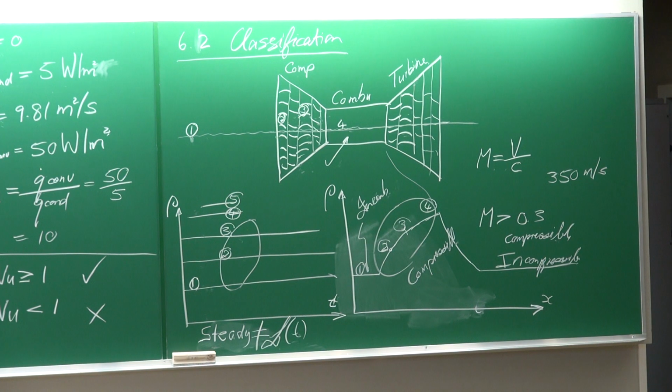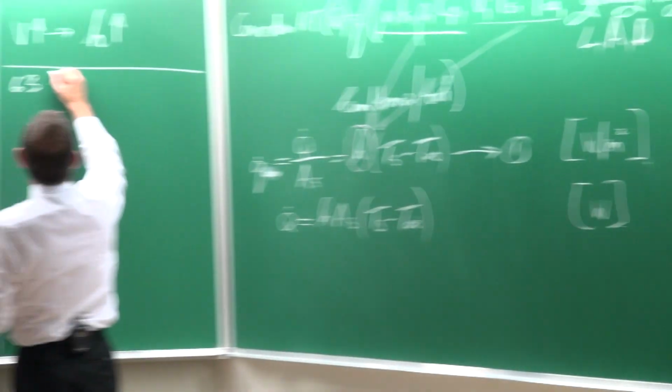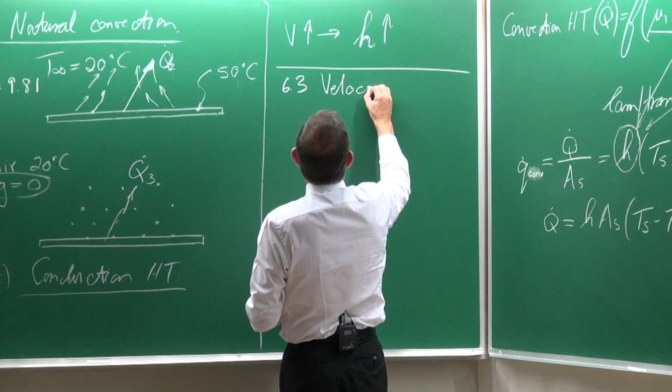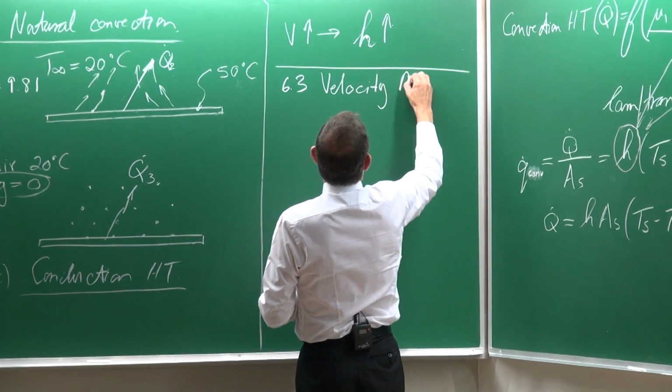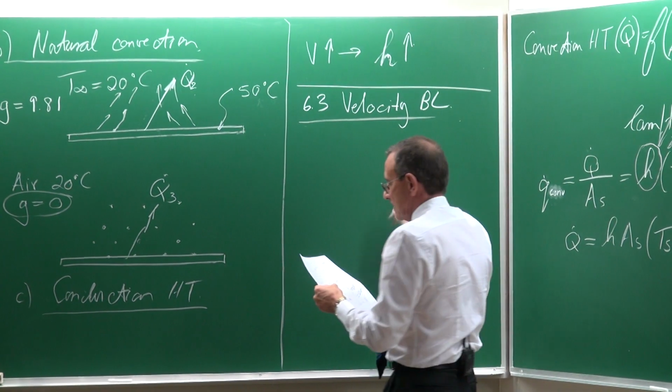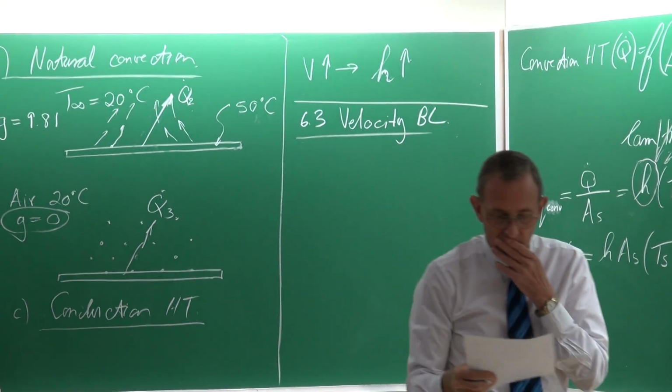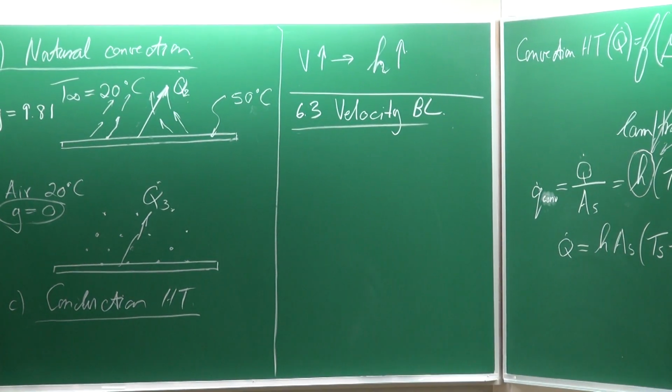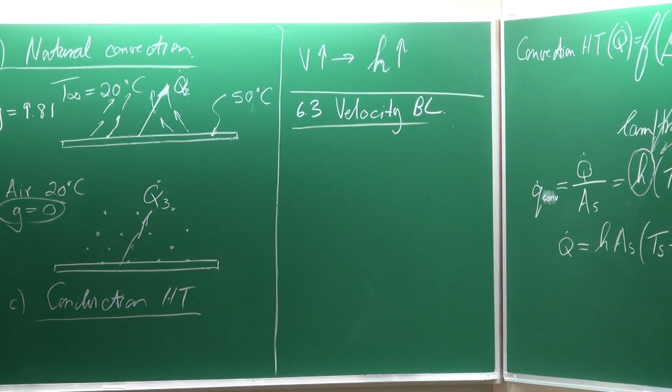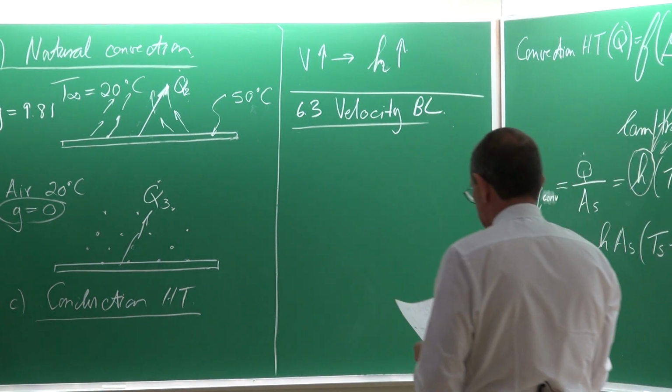Okay, paragraph 6.3 is about the velocity boundary layer. The velocity boundary layer. I'm just going to introduce it because we are not going to have enough time to go through it in detail.